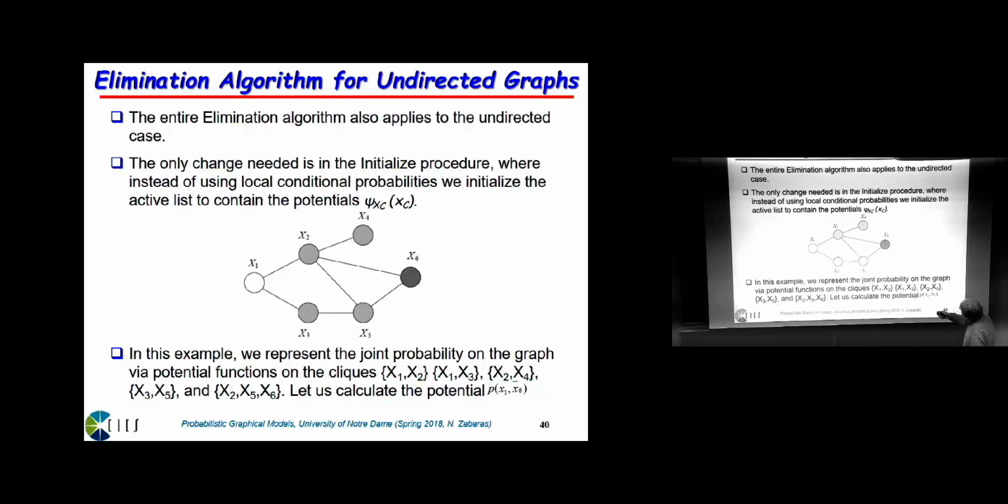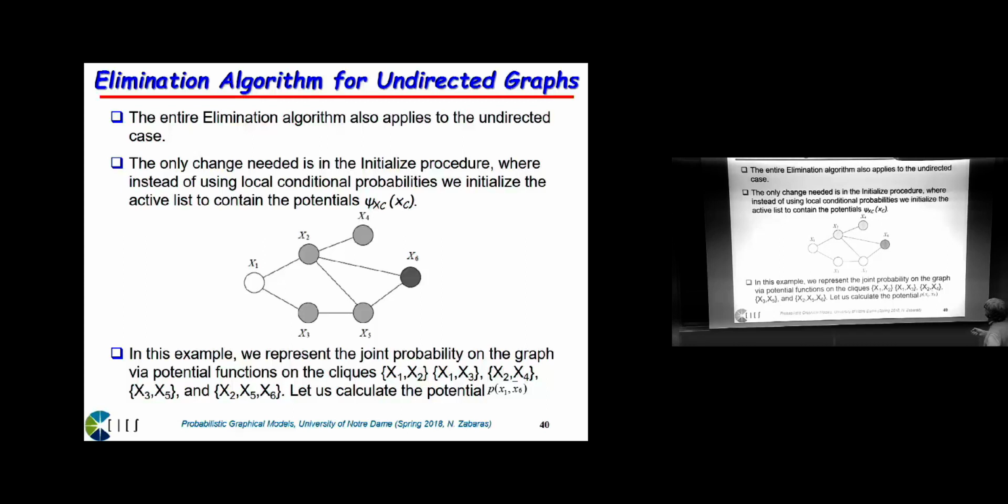So really here, if this is an undirected graph, you have this clique, you have this clique, you have this clique, and then you have a clique of 3, and then you have a clique of 2. Each of these cliques comes with a potential. Not a distribution, just a potential, a function that expresses how strongly variables are correlated in that clique, right? But they're not distributions, they're potentials.